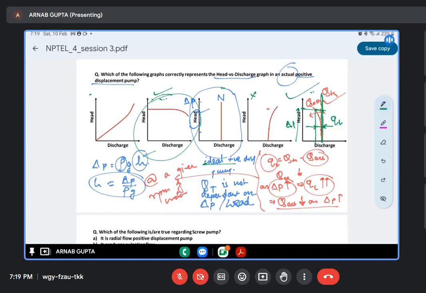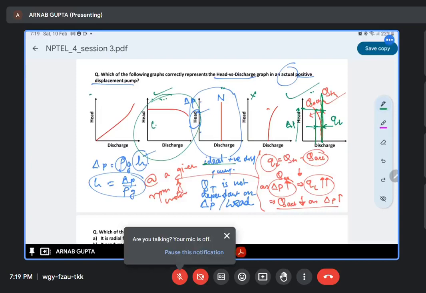At a given head you can see the discharge is constant, but beyond a particular value of discharge, the head is reducing. Generally, this is for a centrifugal pump.